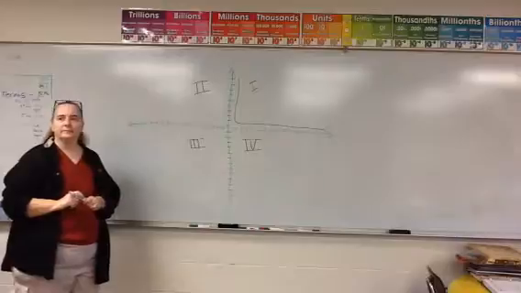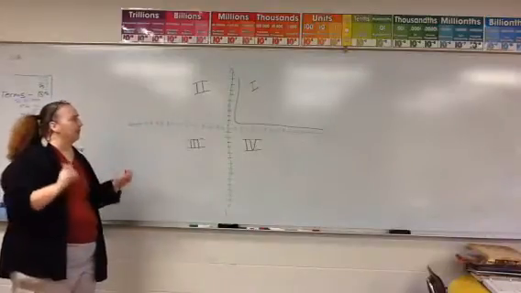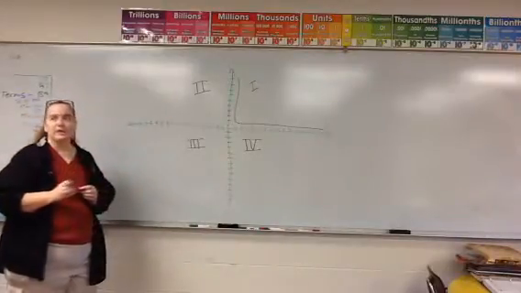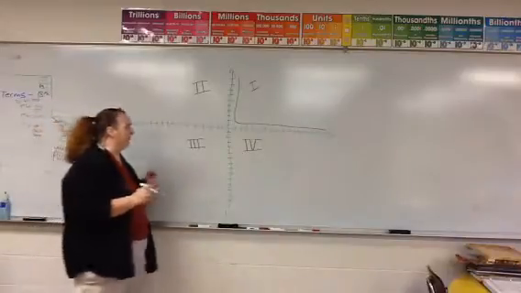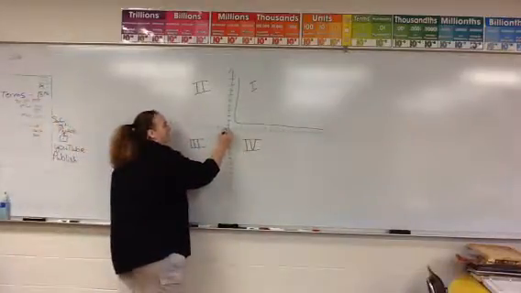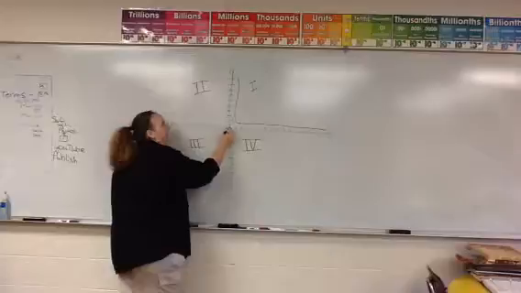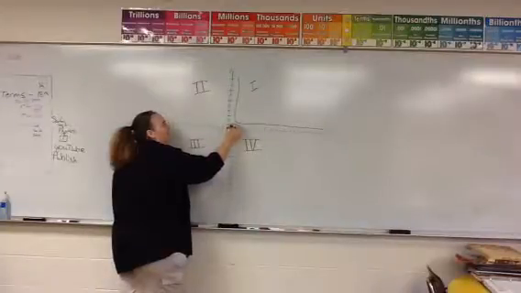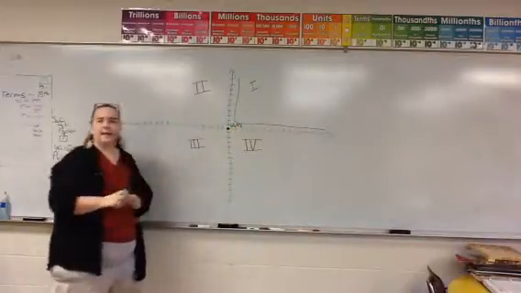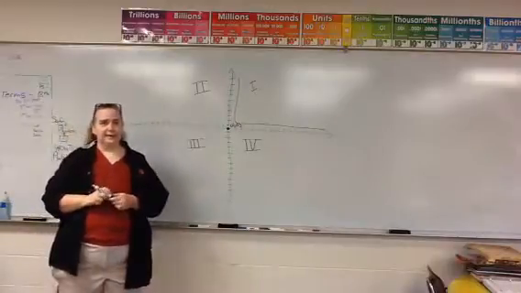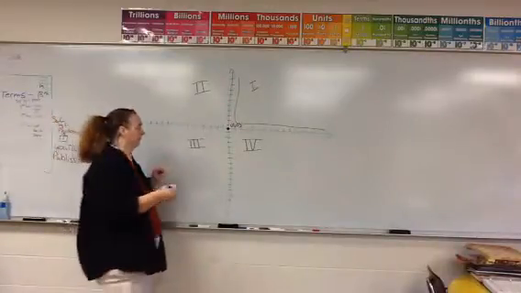Okay? The next very important piece of information, hopefully that you all have, is this dot right here in the middle. That is ordered pair 0, 0, and it has a name. It is called the origin.